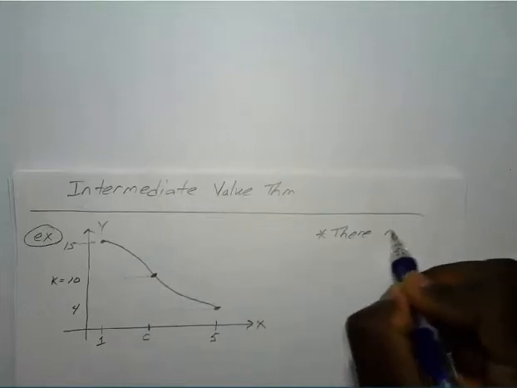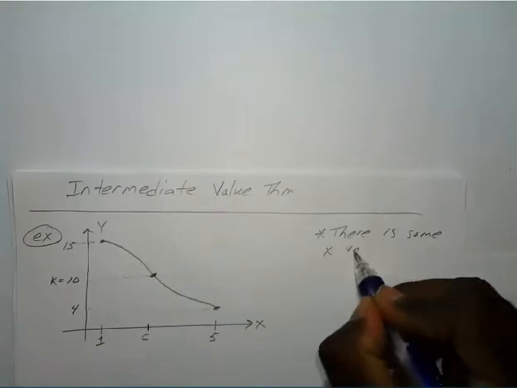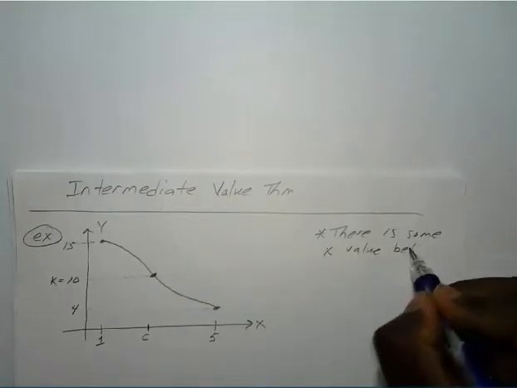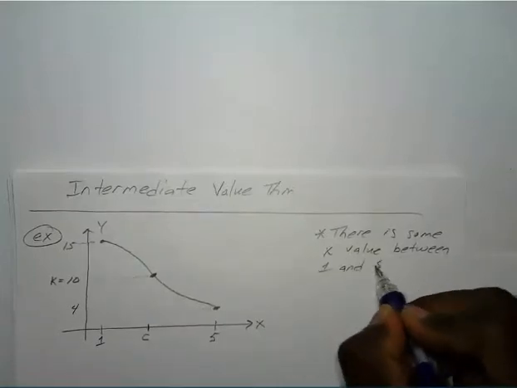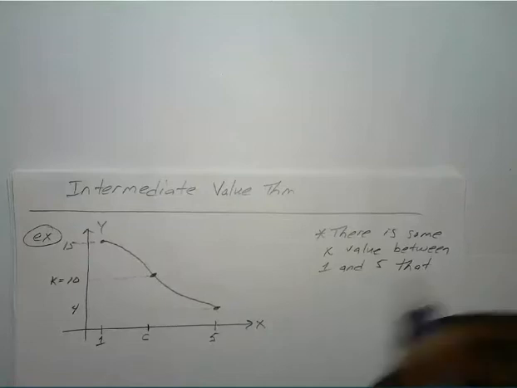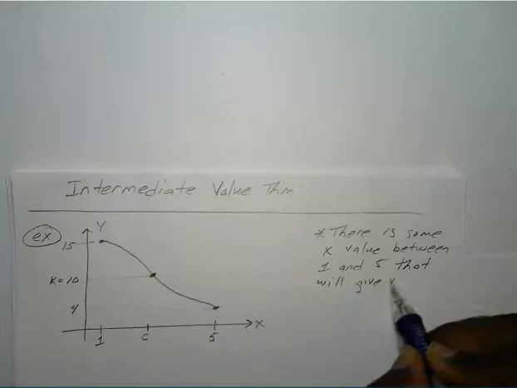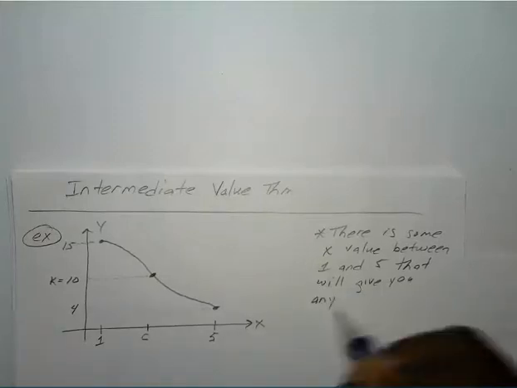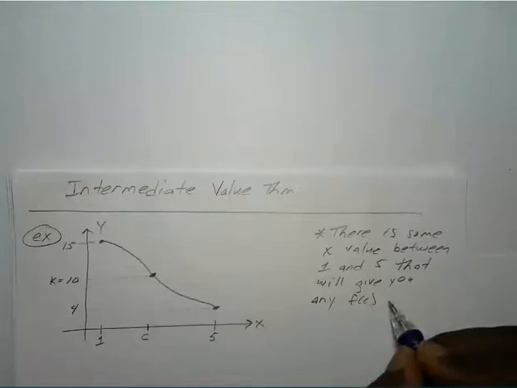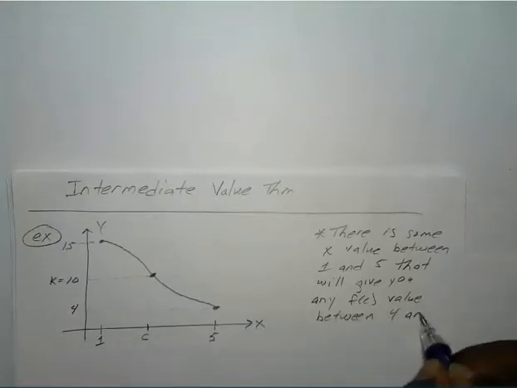There is some x value between 1 and 5 that will give you any f of c value between 4 and 15.